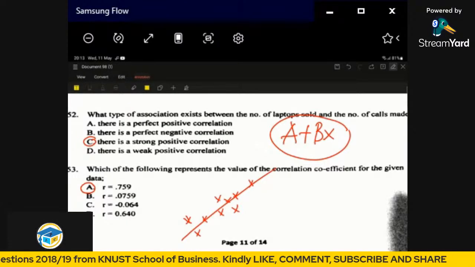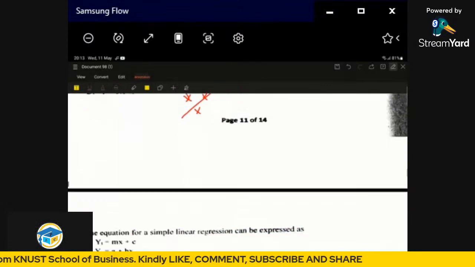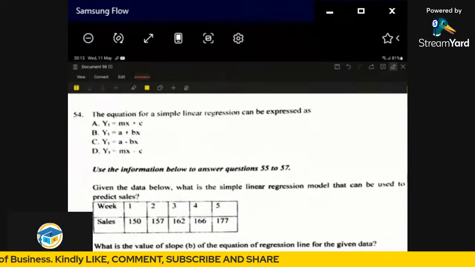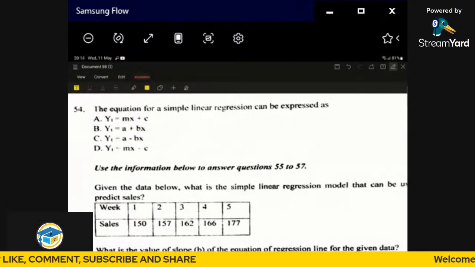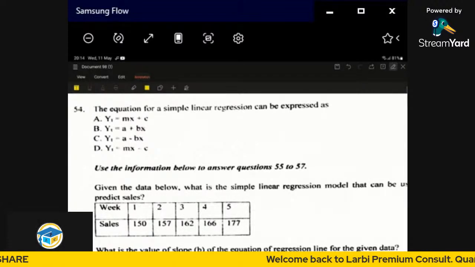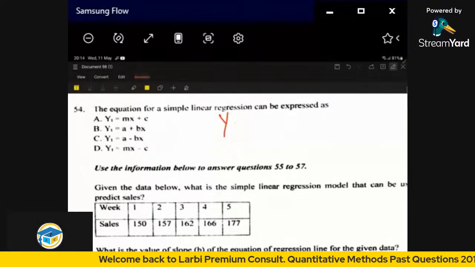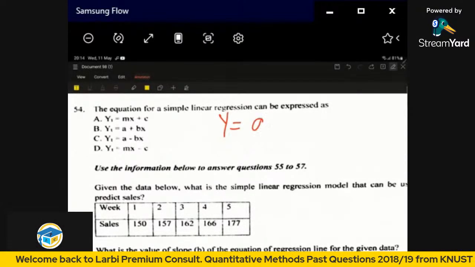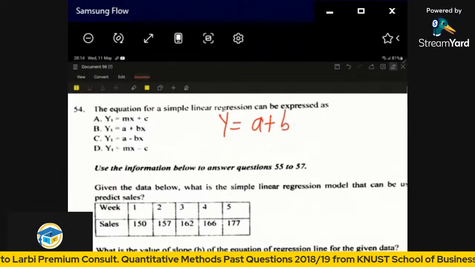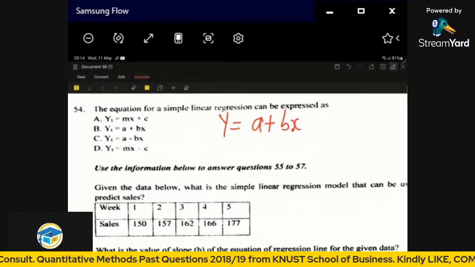So let's move on to question number 54. The equation for a simple linear regression can be expressed as, so you can always express this as Y is equal to a plus Bx.